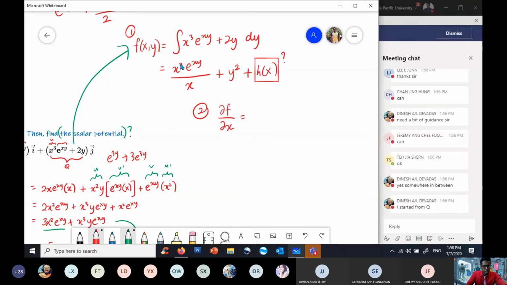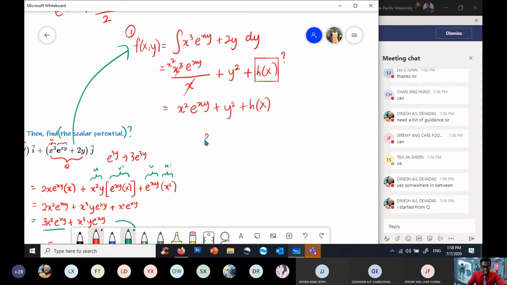First thing first, this x and x can cancel off, so it becomes x squared. It's a bit messy, isn't it? Let me write down my function nicely first. So my function is x squared e^(xy) plus y squared plus h(x).